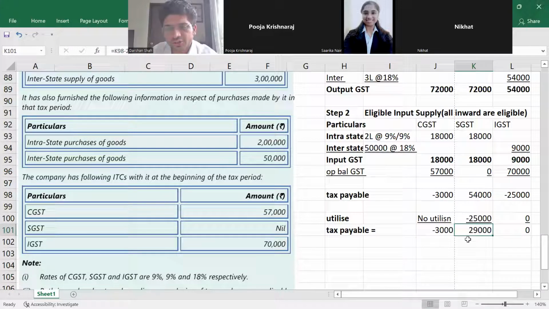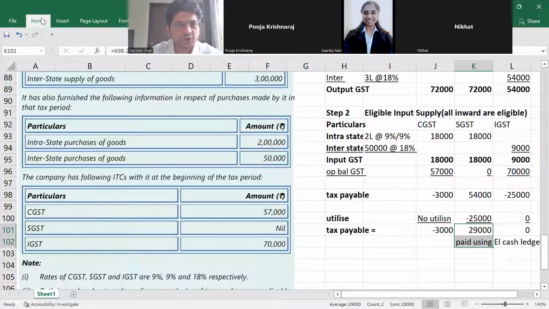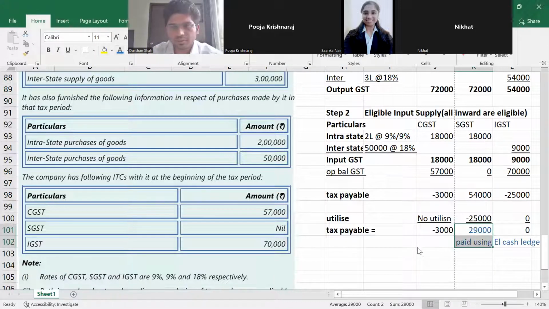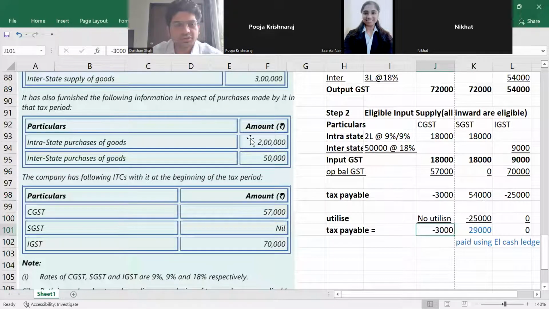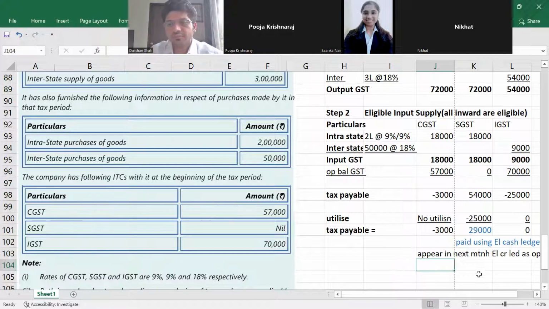Now this 29,000 has to be paid using which ledger? This 29,000 will be paid using the electronic cash ledger. And this negative 3,000 will appear where? It will appear in next month's electronic credit ledger as opening balance. Done.